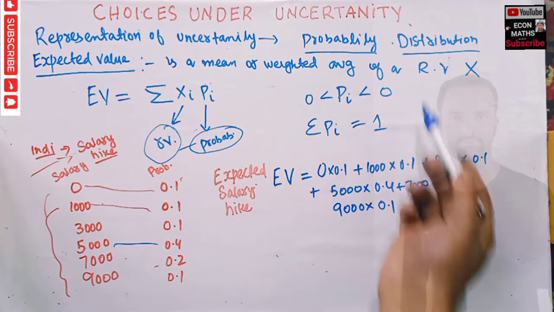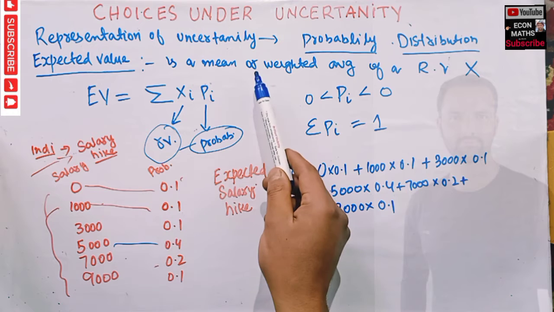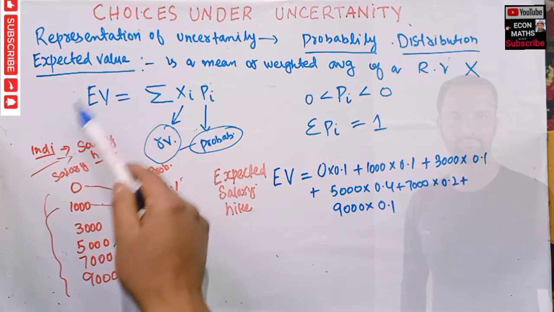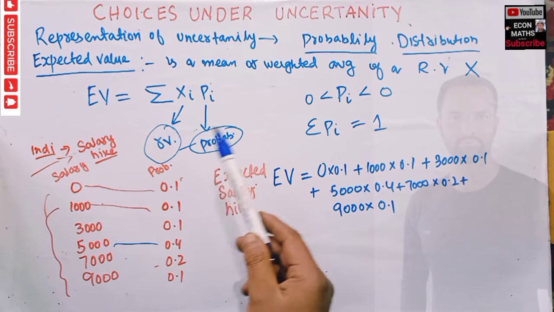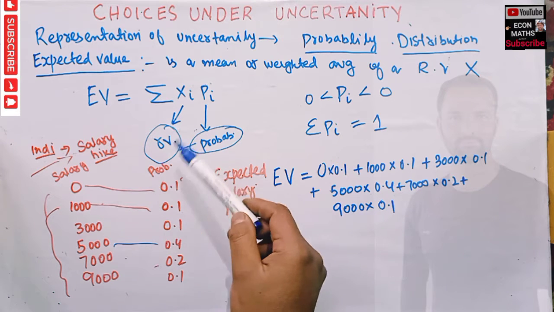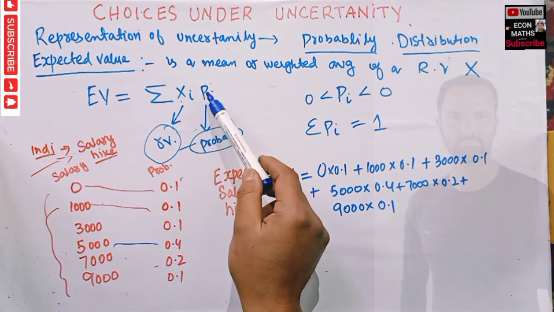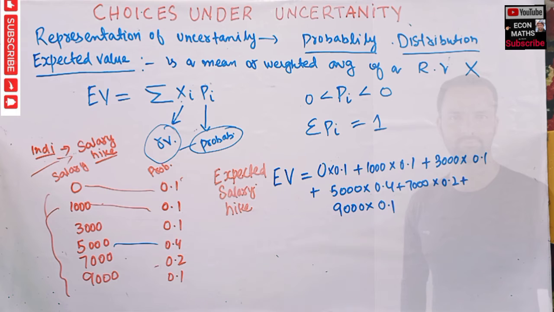Expected value is the mean or weighted average of random variable x, okay, and this is given by this very example. When we sum up the random variable multiplied with their probabilities, we get the expected value here, okay.